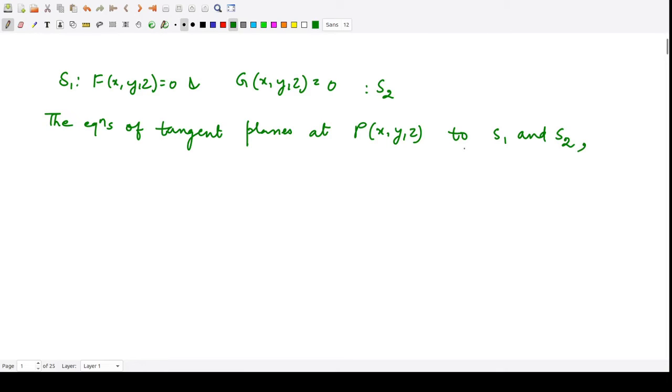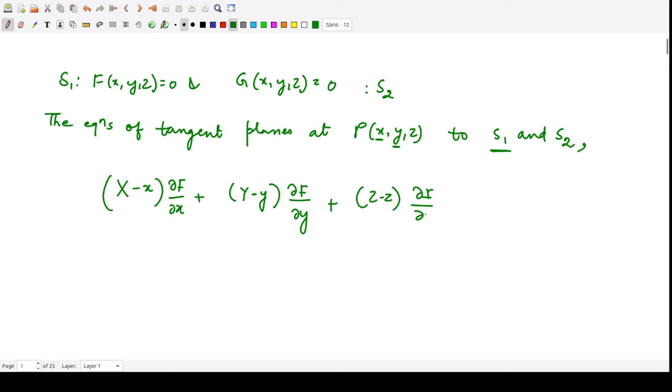Now we already know the equation of the tangent plane to the given surface S1. Its equation is (x - x0) multiplied by the direction ratio del f by del x, plus (y - y0), whatever point is given to you, multiplied by the direction ratio del f by del y, plus (z - z0) del f by del z, is equal to 0.